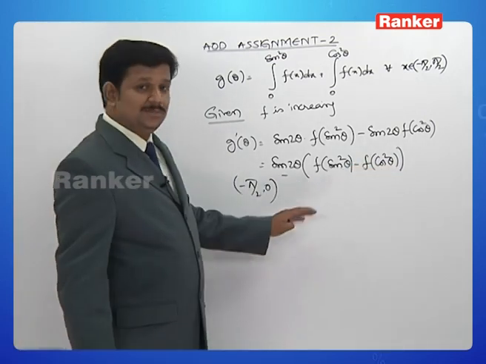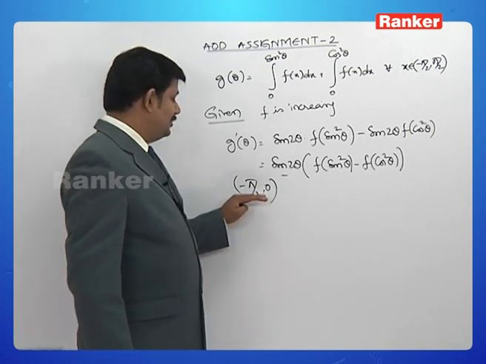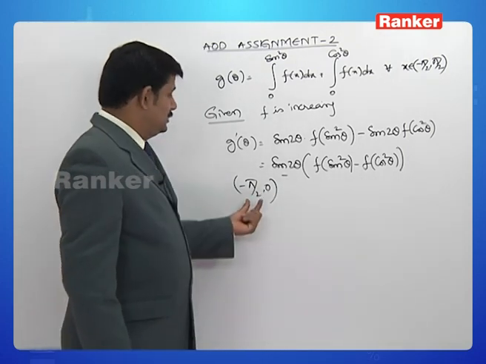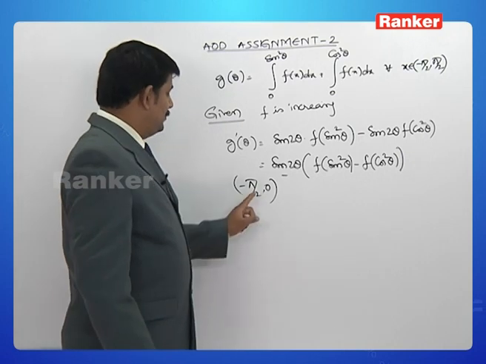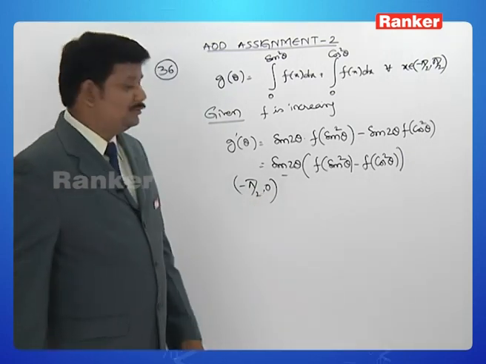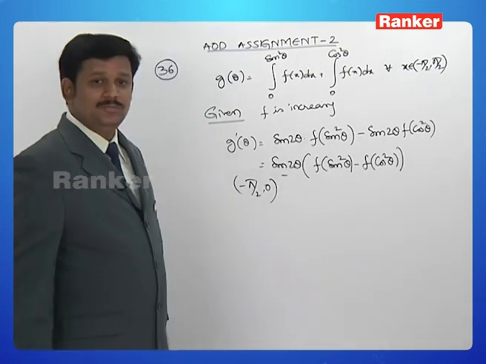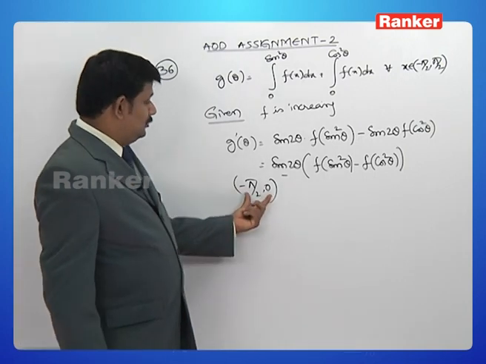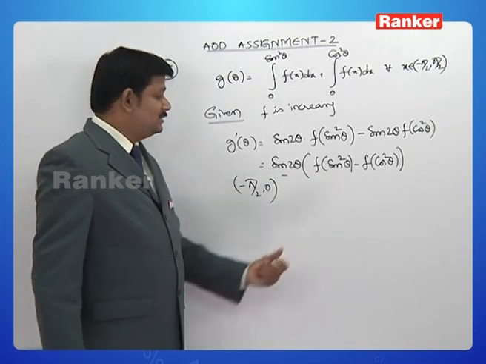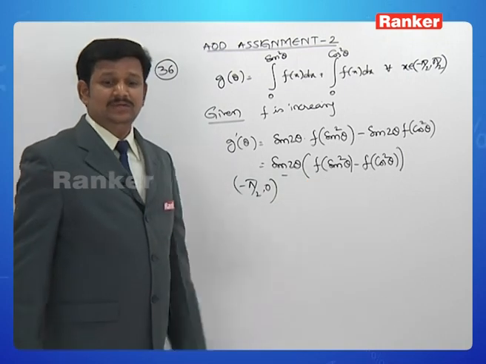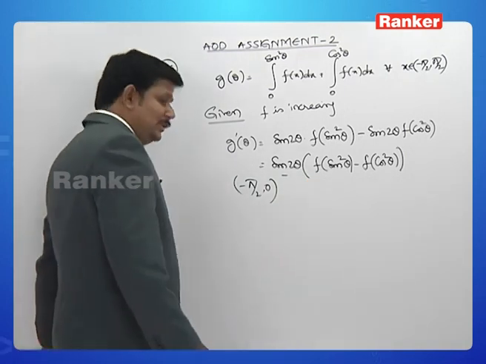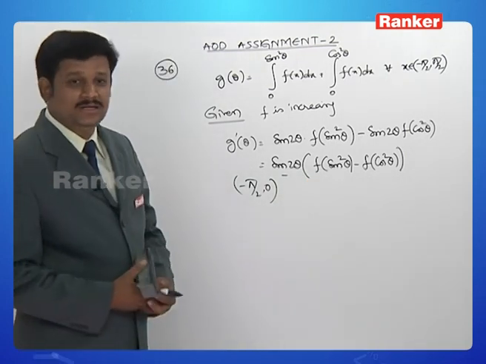It becomes difficult to say: from minus pi by 2 to minus pi by 4, cos square theta is greater, and from minus pi by 4 to 0, sin square theta will be smaller. So partially it will be an increasing function, and in the other part of the interval it will be a decreasing function. So option A is not the right answer.